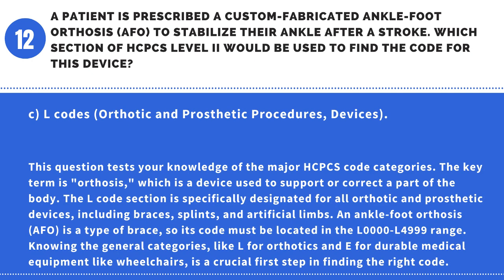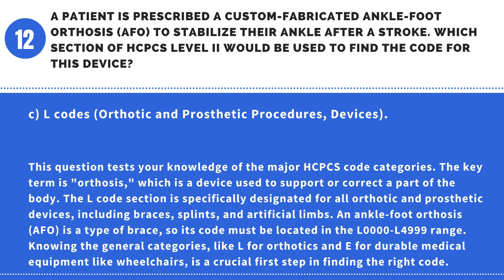Answer: C. L codes, orthotic and prosthetic procedures, devices. This question tests your knowledge of the major HCPCS code categories. The key term is orthosis, which is a device used to support or correct a part of the body. The L code section is specifically designated for all orthotic and prosthetic devices, including braces, splints, and artificial limbs.